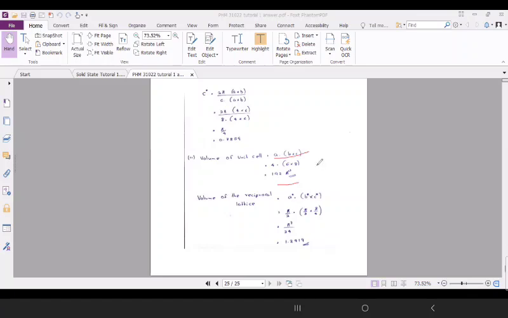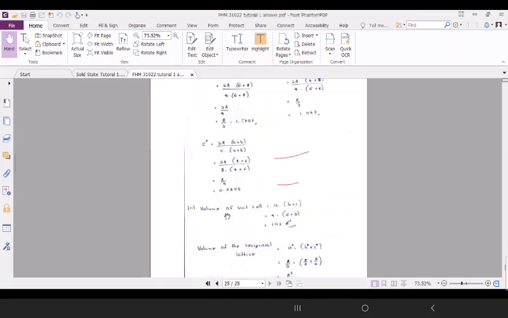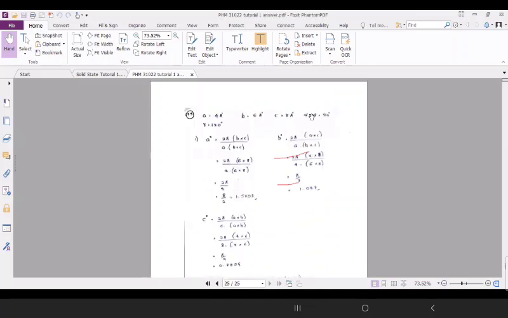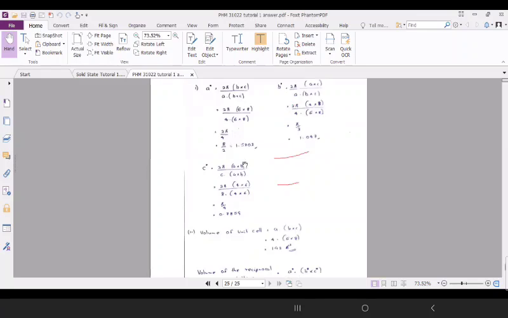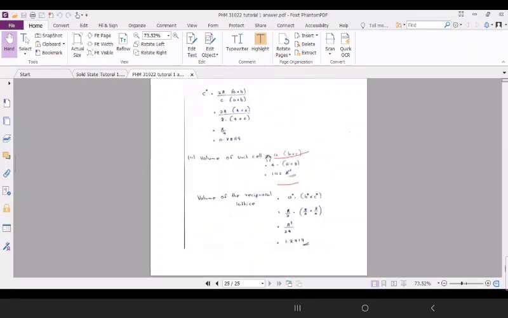But the problem is they have given the values in actual angles, right? In degrees, they have given the values of alpha, beta, and gamma. So you have to convert those into radian values in pi.